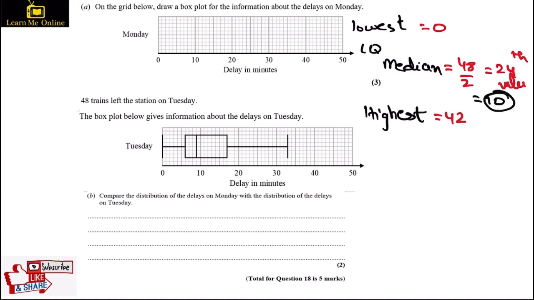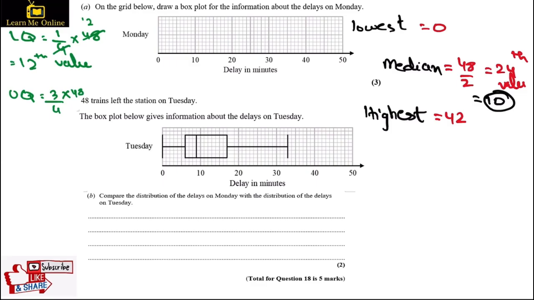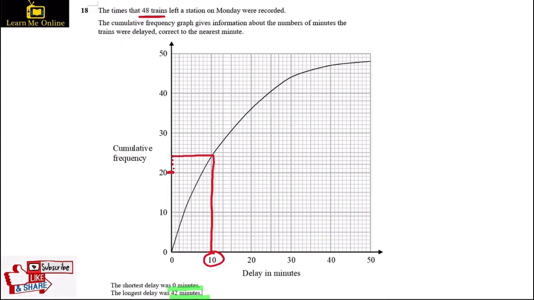Okay, so now we know the lowest value, the highest value, and the median. Now what we are looking for is the lower quartile and the upper quartile. The lower quartile is 1/4 of 48, whereas the upper quartile is 3/4 of 48. To find 1/4 of 48, it's going to be the 12th value, because 48 divided by 4 is 12. To find the 12th value, we go back over here.